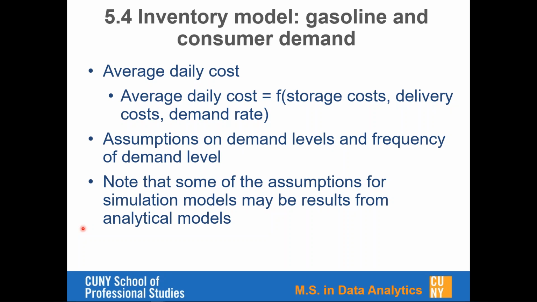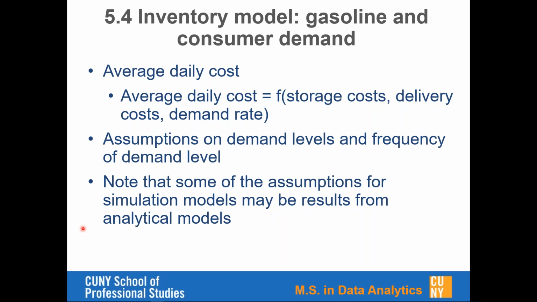In the inventory model, we have to make certain assumptions, such as the demand levels and the frequency of demand, or even that the arrival of demand follows a certain distribution. I also want to make a point here that some of the assumptions we make could potentially be the results of analytical models, such as for the demand arrivals.